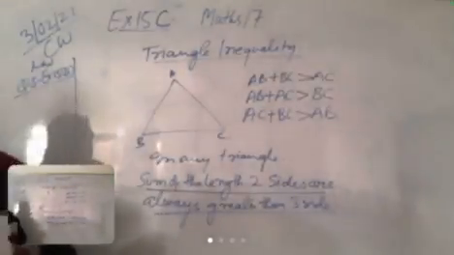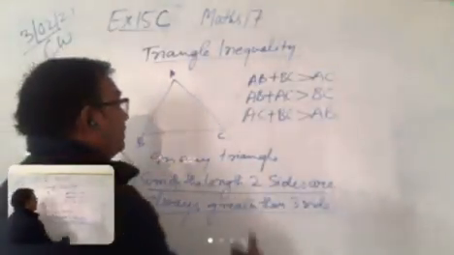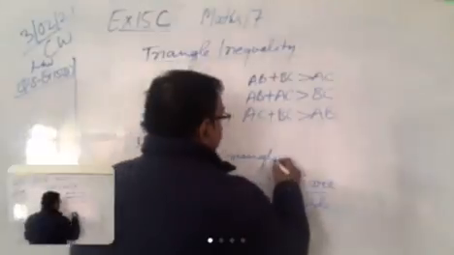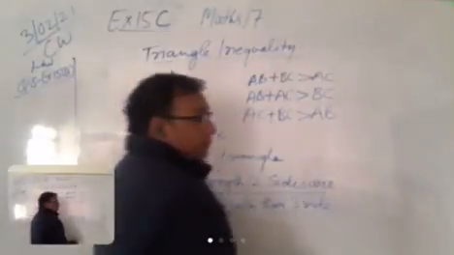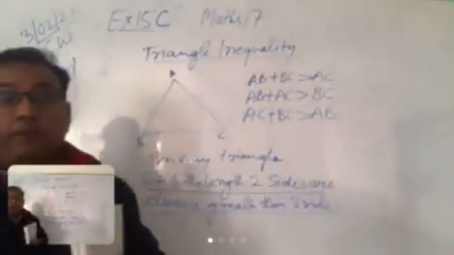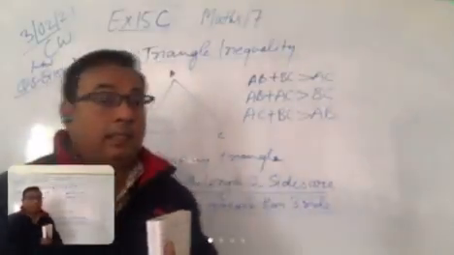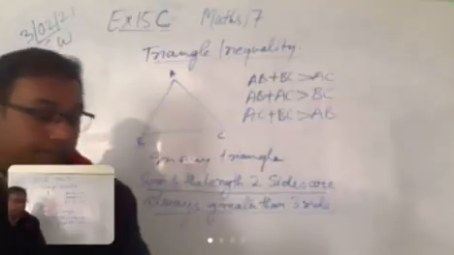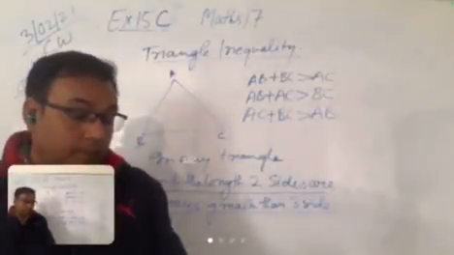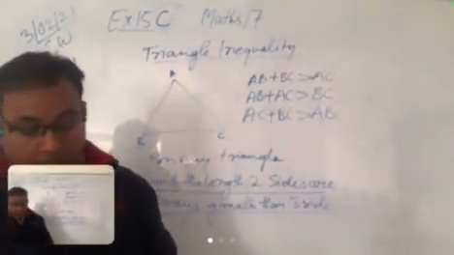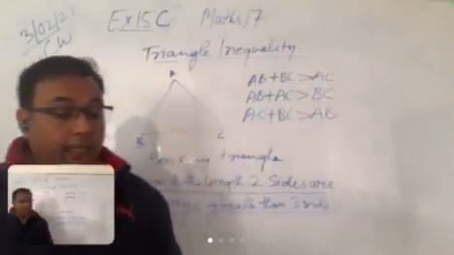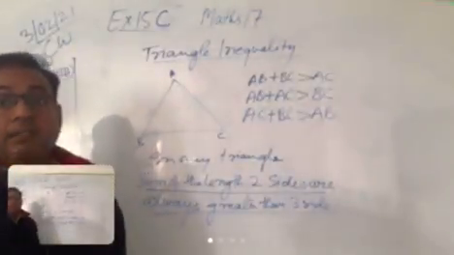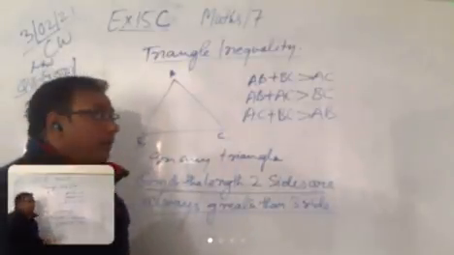If this does not happen, then the construction of triangle is not possible. Clear everyone? In any condition, if this is not possible, then the construction of triangle is not possible.